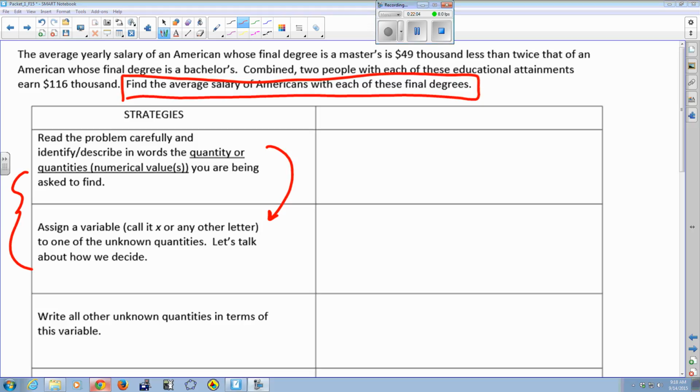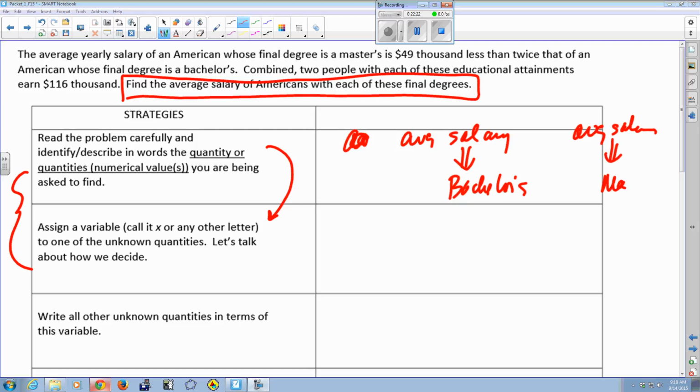So how do you decide which one of these things? We're trying to find the average salary for the person who earns the bachelor's degree, and we're trying to find the average salary for the person who earns the master's degree. Okay, so how do you decide which of these to call X?